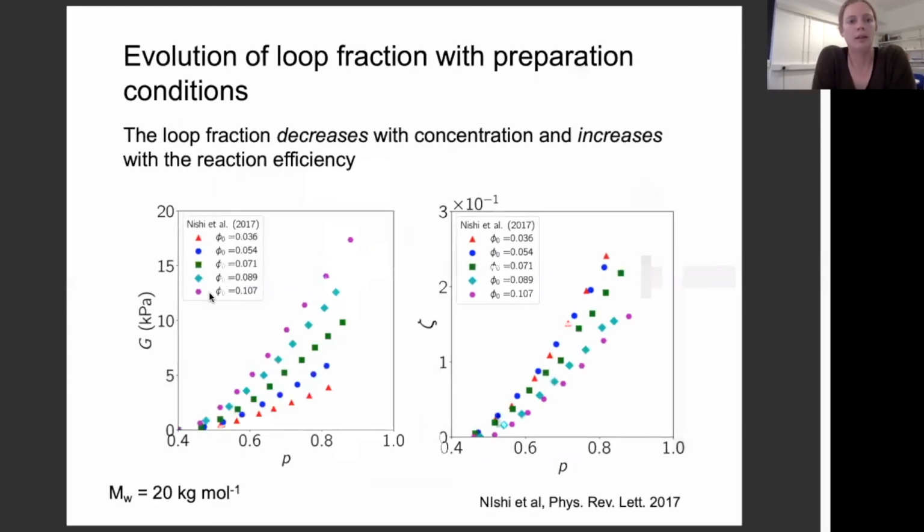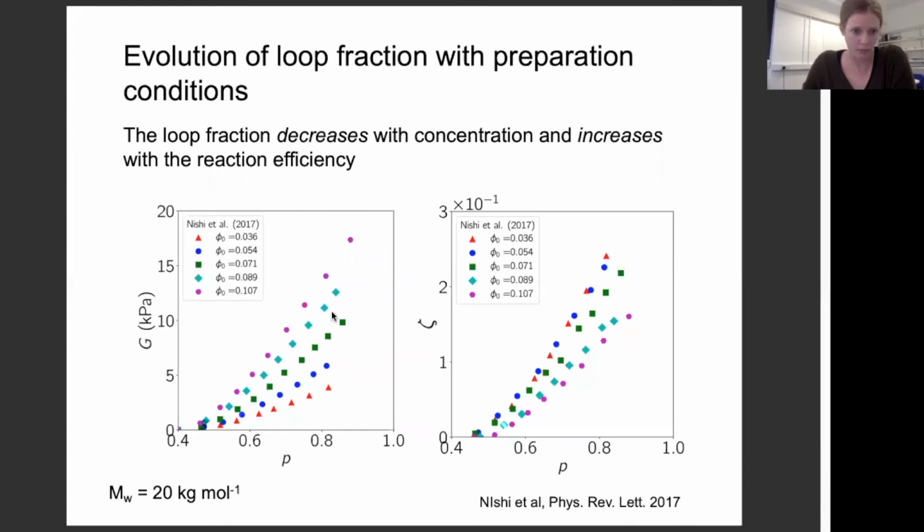For other data we can use, here you have experimental reports of the modulus as a function of the reaction efficiency for gels with different volume fractions. You see that the modulus increases with the p value, as also shown with the simulations, and also increases with the concentration.